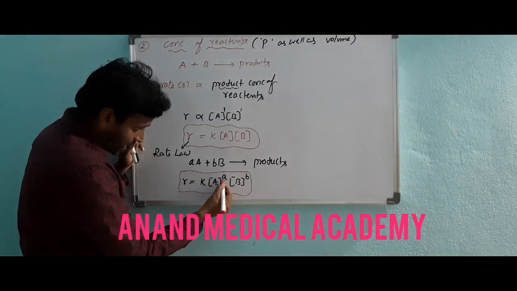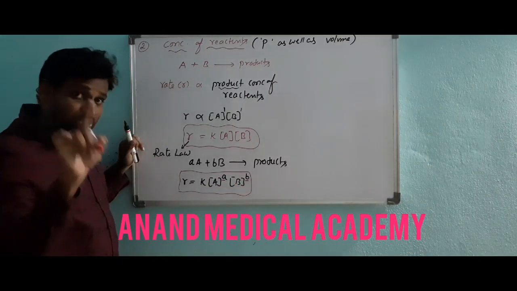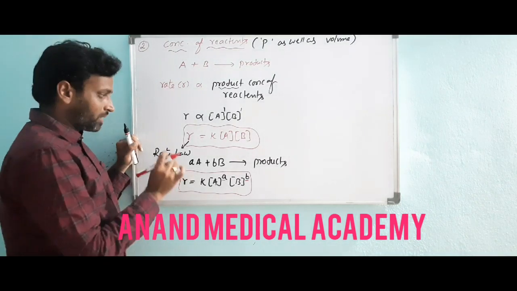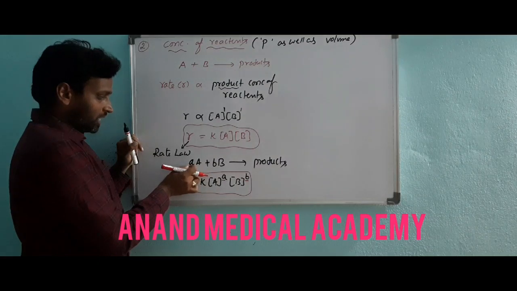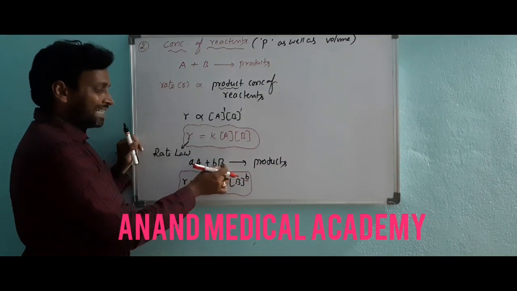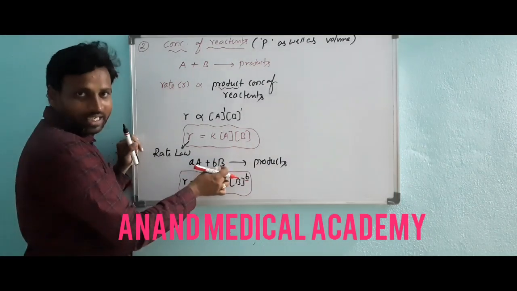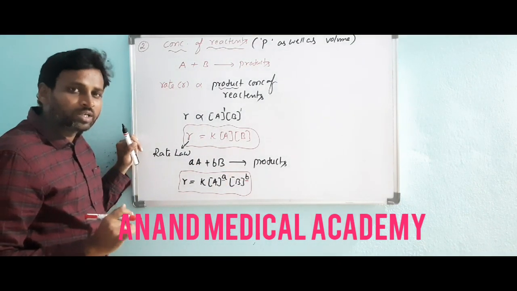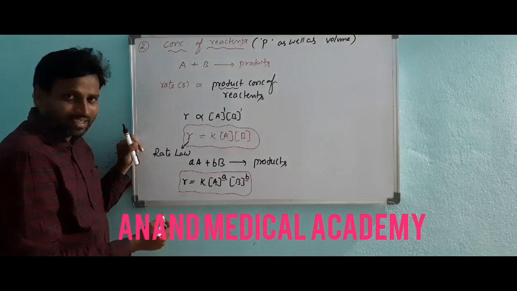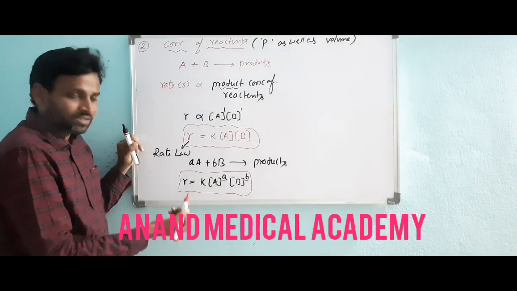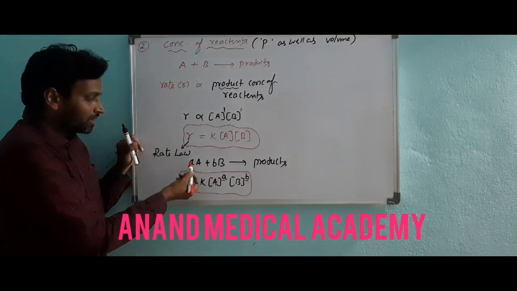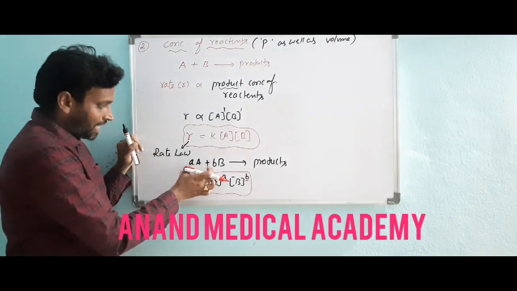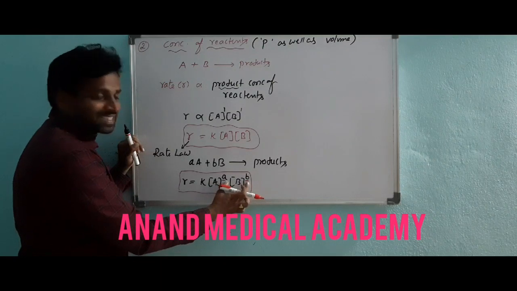And a and b can change because they are experimentally determined. Sometimes how much we take cannot react completely, as we discussed in limiting reagent. Something will be in excess, and these are just for balancing. So a and b can vary sometimes.